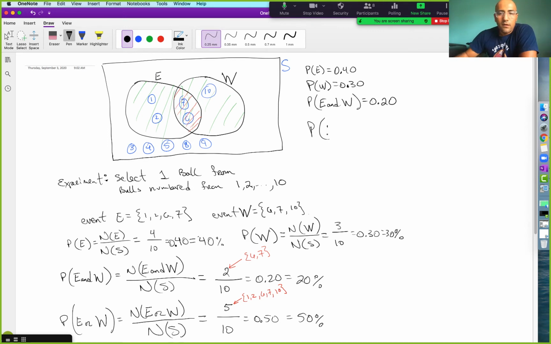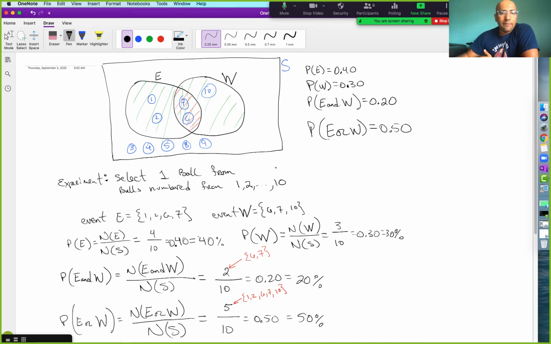Probability of E or W, we said, is equal to 0.50. So it's just a review of the previous probability properties that we've already known.